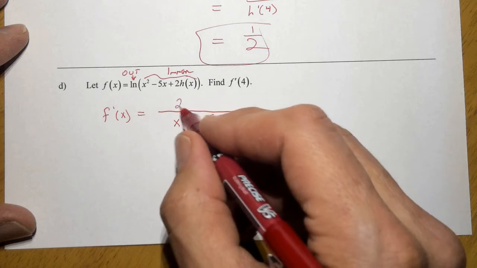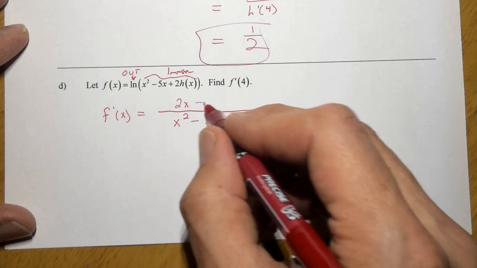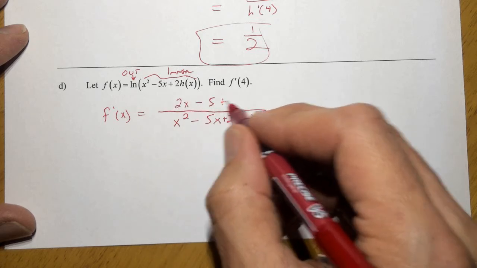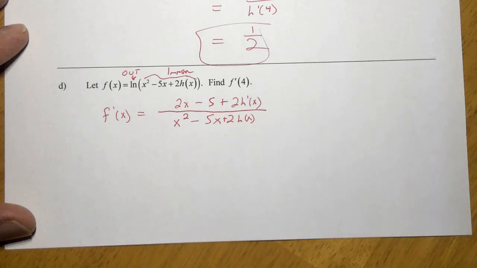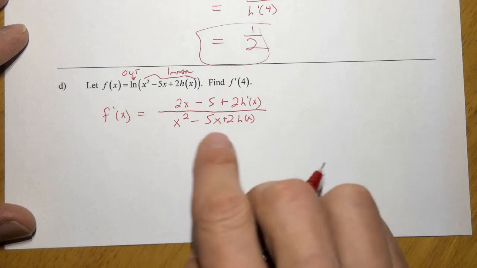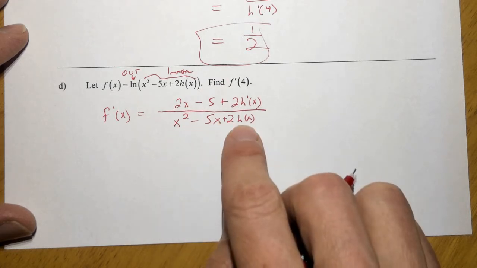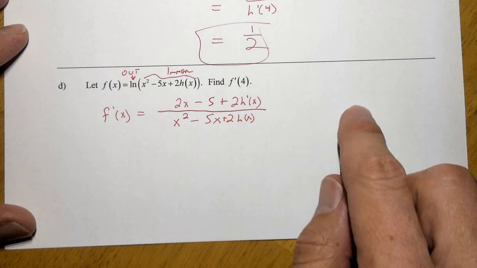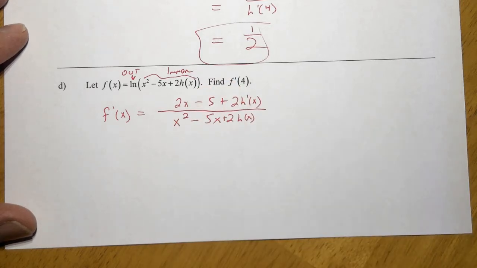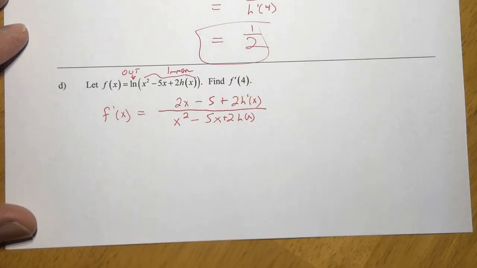So x squared derives to 2x, 5x derives to 5, and 2h of x derives to 2h prime of x. Okay, now I could have also had 1 over the inner function times the derivative of the inner function, and then I would immediately just move the derivative of the inner function up into the numerator, so I just kind of saved that little bit of algebra.